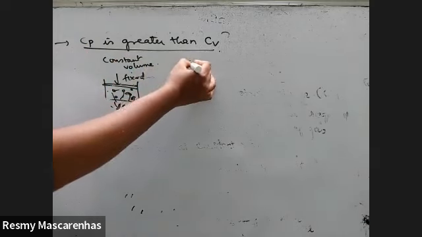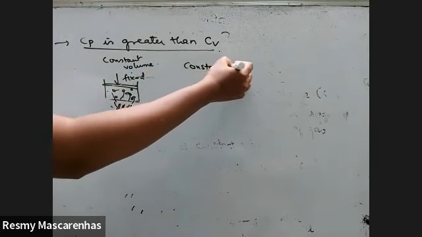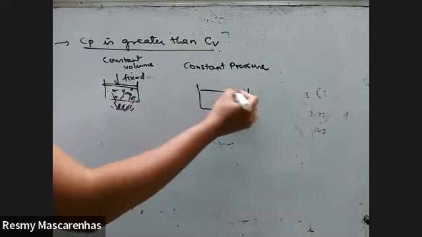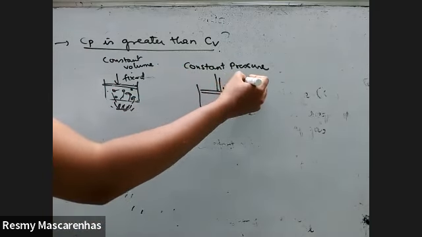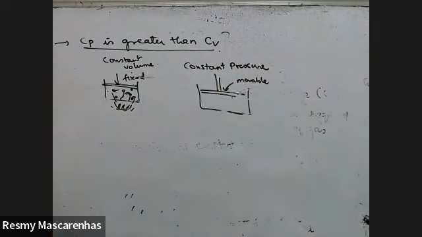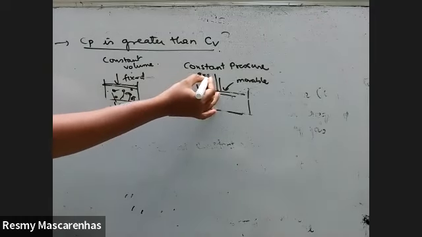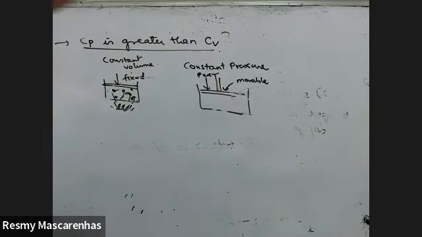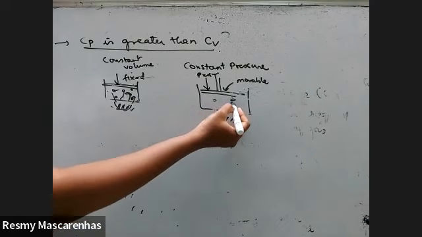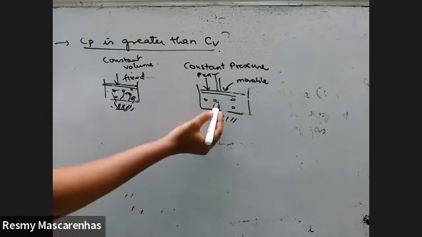But under constant pressure, the piston is movable, so it needs to maintain that constant pressure. There is some pressure from the piston on the gas. Now what will the heat do? The gas will start expanding, so there is some external work.